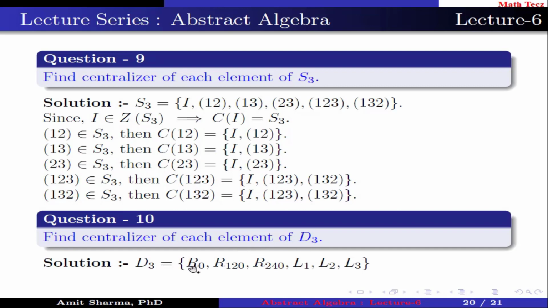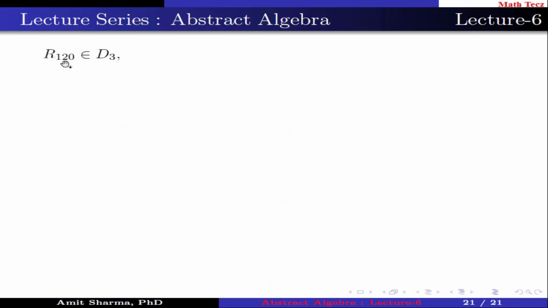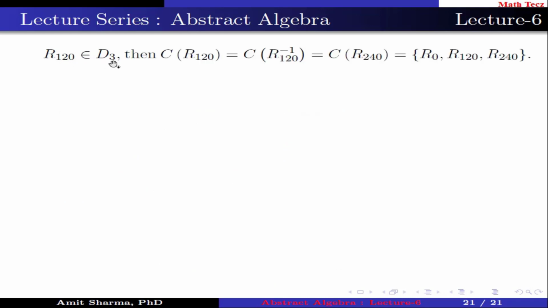D3 contains R0, R120, R240, L1, L2 and L3. Since R0 belongs to the center of D3, this implies the centralizer of R0 is D3. R120 belongs to D3, then the centralizer of R120 equals the centralizer of R120 inverse, which equals the centralizer of R240, which is equal to {R0, R120, R240}, because these elements commute with R120.